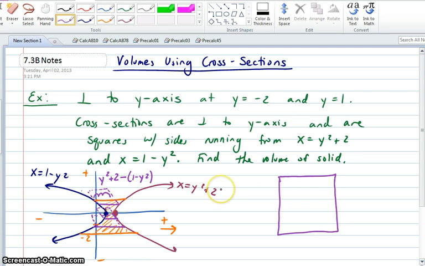And one of the big lessons today was that anytime you're perpendicular to the y-axis, all of your stuff should be with y's. If you're perpendicular to the x-axis, everything should be in terms of x. Now when we subtract those, we get 2y squared plus 1, and that's going to be the sides of our square. So top function minus bottom function, when you're looking at it from the side, is the y squared plus 2 minus the 1 minus y squared. That gives us the length of the side.